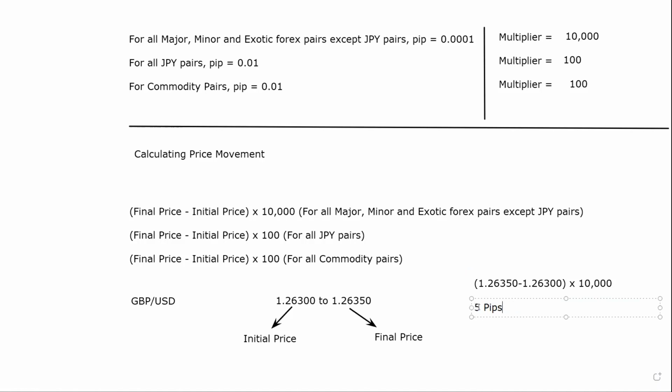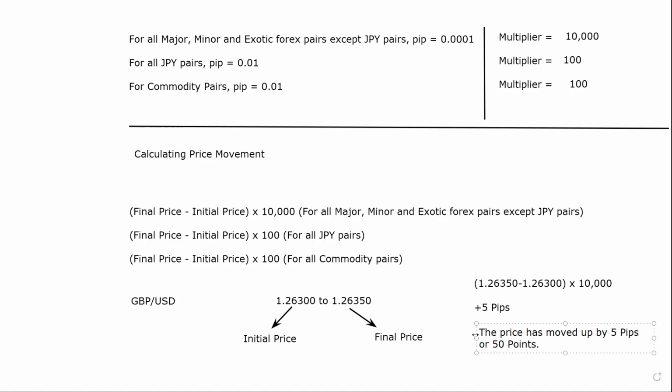Because the answer is positive, what is the significance of the positive sign or the negative sign? The positive sign means that the price has moved up by 5 pips, or 50 points.